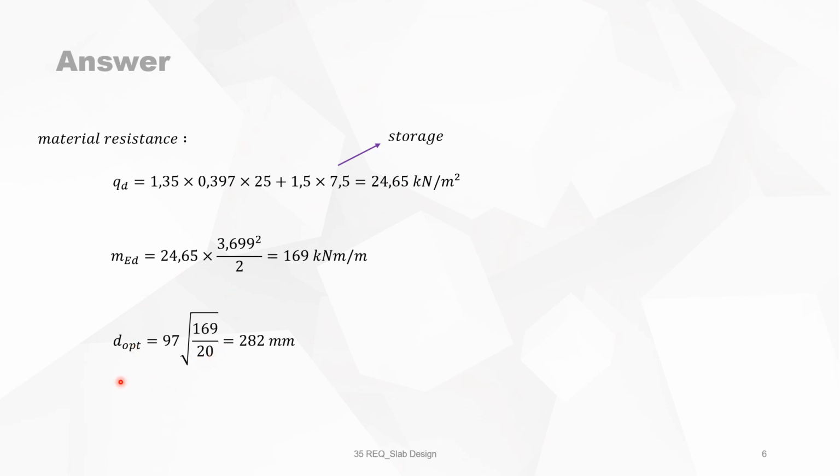And the result of this formula is in millimeters. So the needed effective depth is 282 millimeters. We can calculate the needed total depth, which is 282 plus the concrete cover plus the reinforcement. It gives you 325 millimeters.